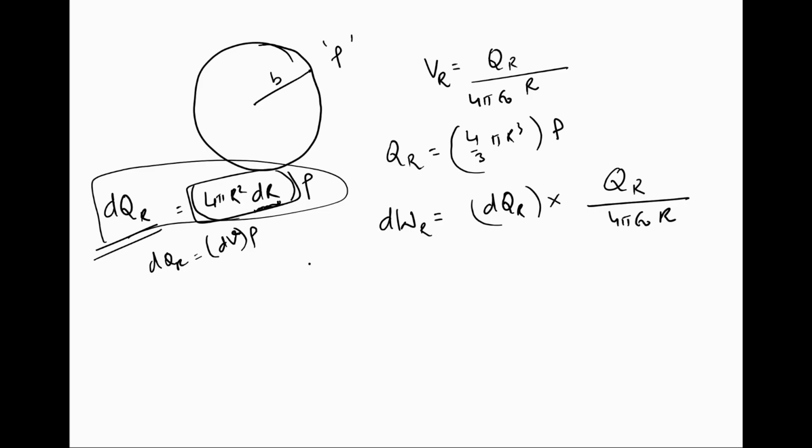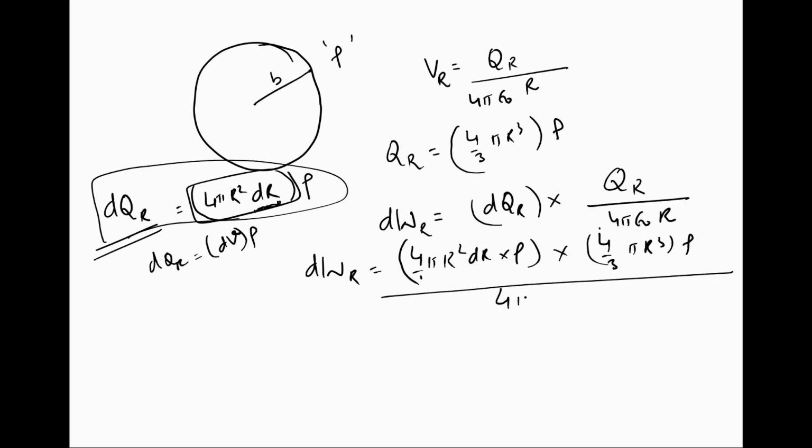On putting the values, I have 4 pi r square dr into rho into q_r. What is q_r? q_r is 4 by 3 pi r cube into rho over 4 pi epsilon naught r.